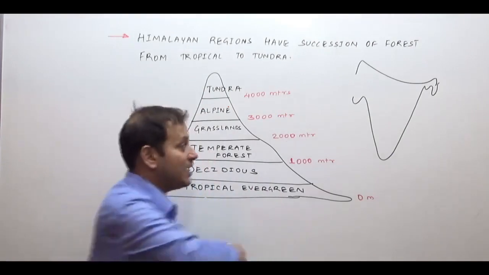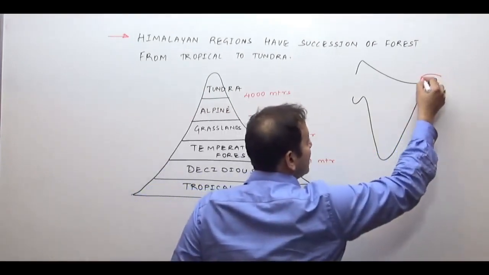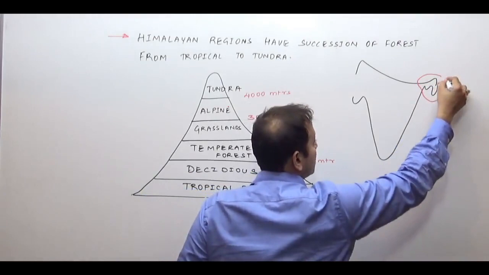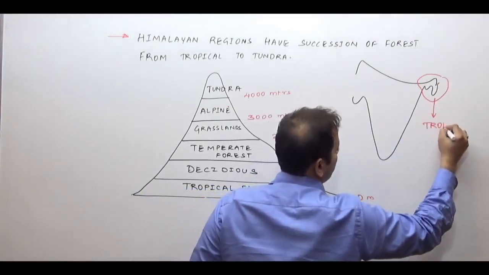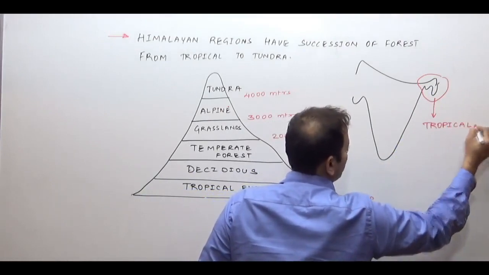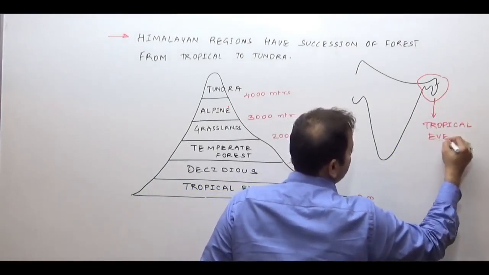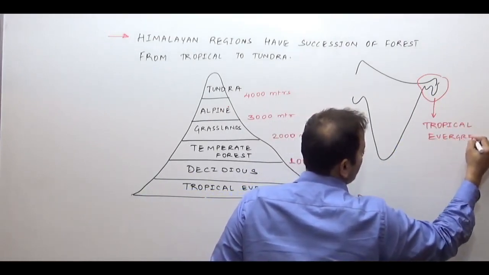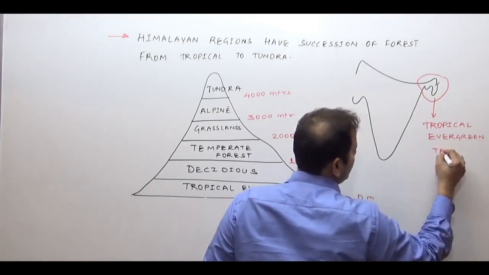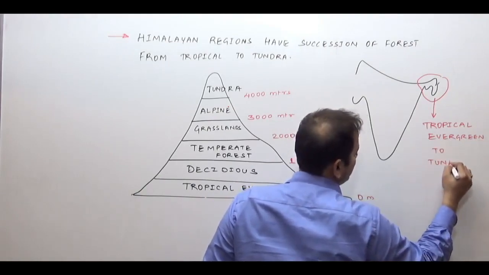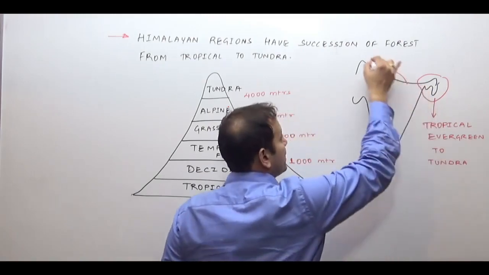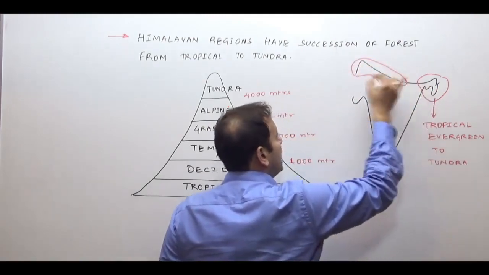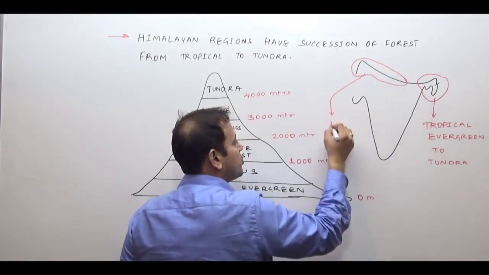The eastern Himalayas, in states like Arunachal Pradesh, will have forests from tropical evergreen to tundra, while the remaining part, the western Himalayas, will have from deciduous to tundra.